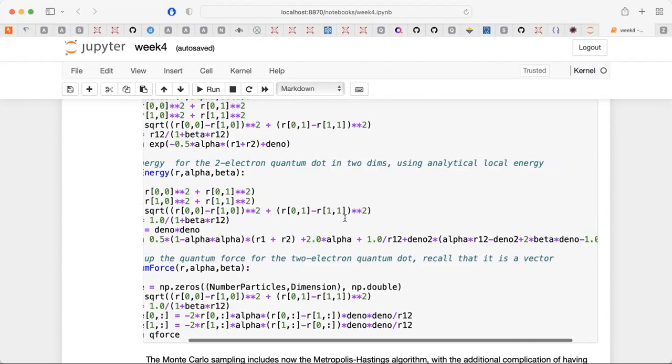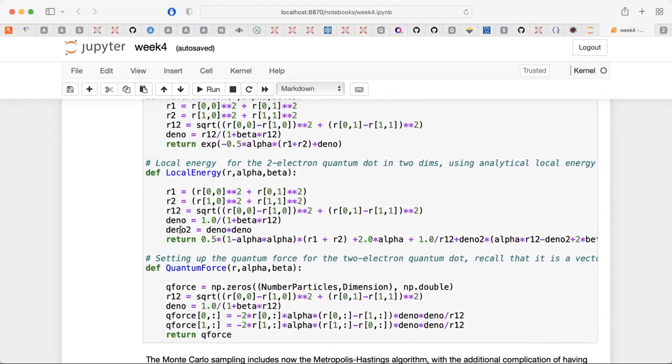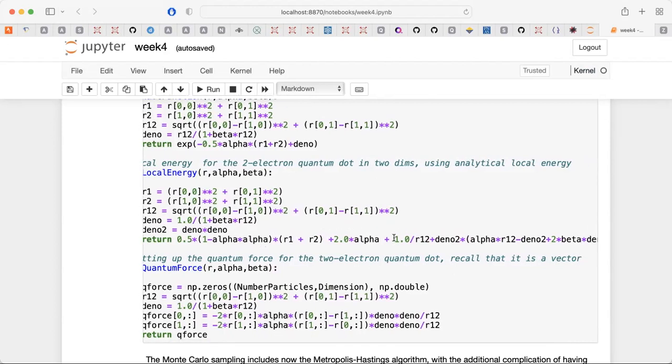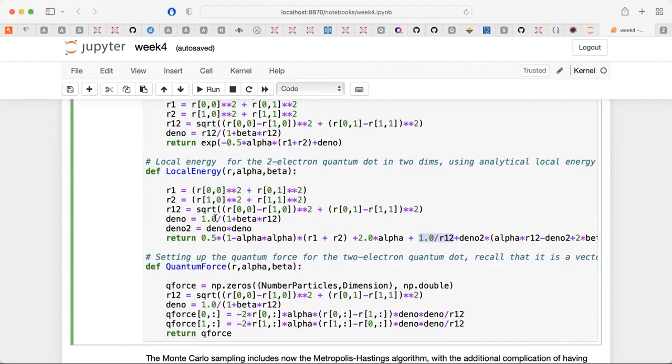You will see that this denominator, this R12 here, gives you the Coulomb interaction, a repulsion between two electrons, which is 1 divided by the absolute value of the relative distance. That's why you have the square root here. And then I have additional terms which follow from the second derivative of the trial wave function.